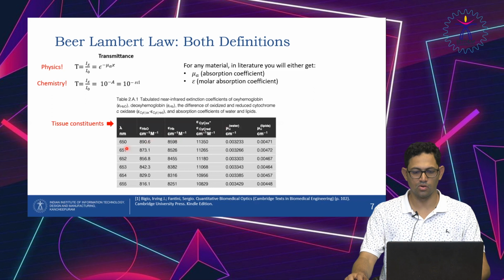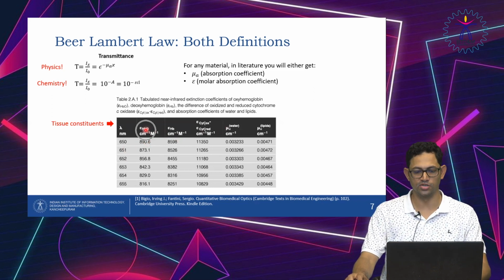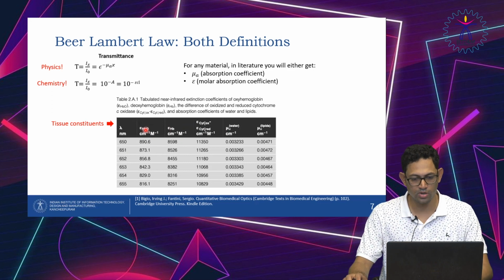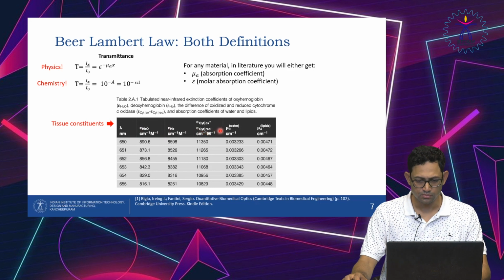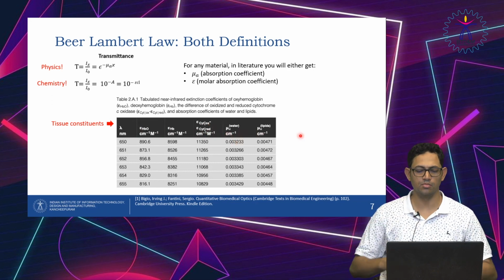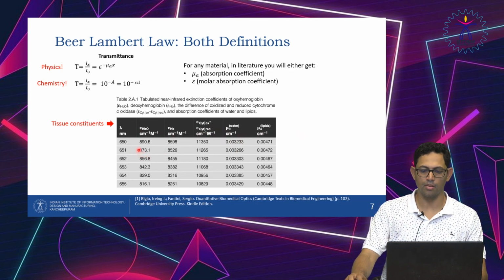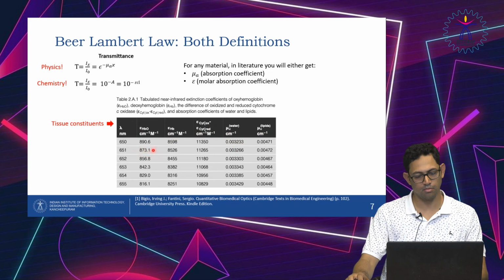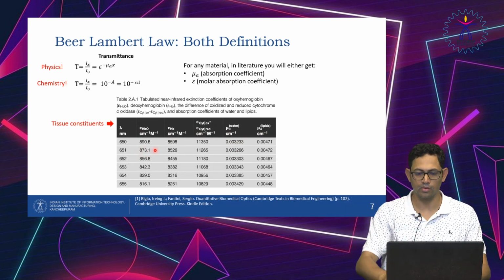So you have epsilon of oxygenated hemoglobin, which is the absorption coefficient of your oxygenated hemoglobin. Then you have deoxygenated hemoglobin, and then cytochrome C oxidase, and then water, and then lipids, and there could be many other materials. All of them have their own values of molar absorption coefficient as a function of wavelength. Okay.